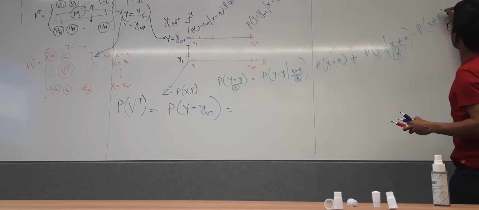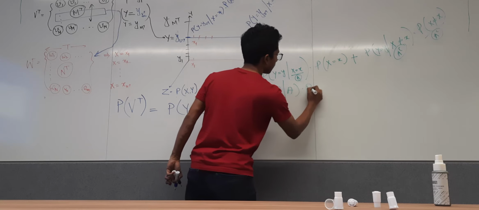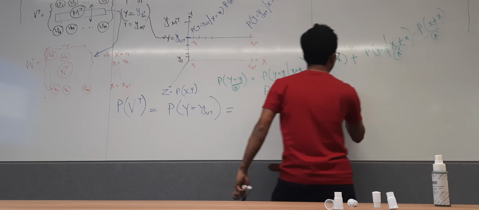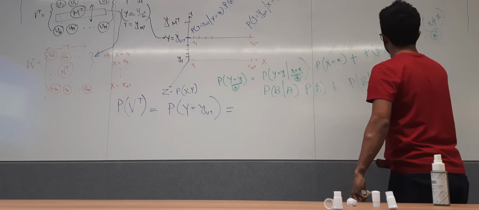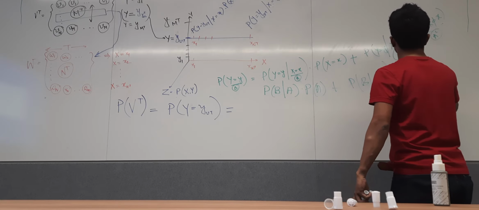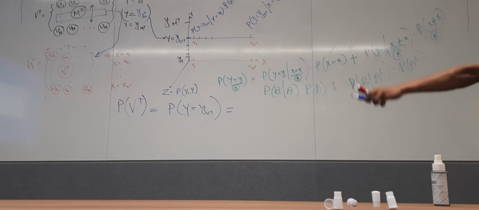This thing is a complement. So p of b equals p of b given a multiplied by p of a, plus p of b given a complement times p of a complement, and this is basically the law of total probability.